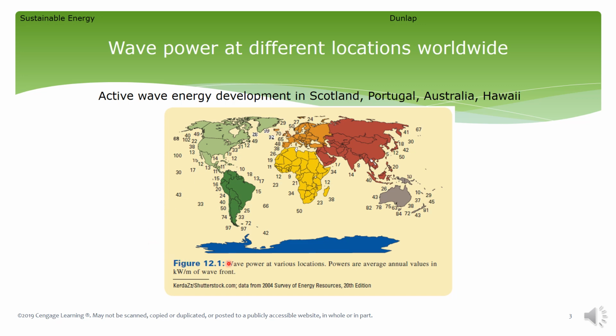The figure shows wave power at various locations. Powers are average annual values in kilowatts per meter of wave front. So this number shows the power per meter of wave front.